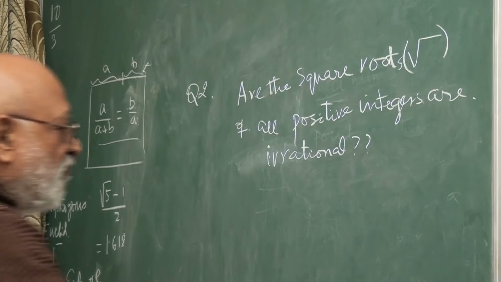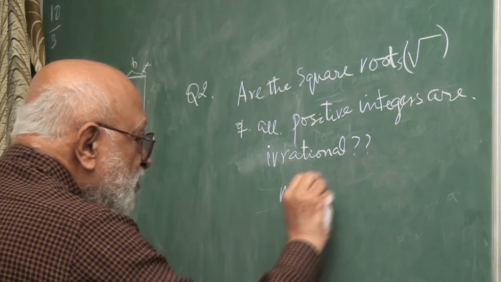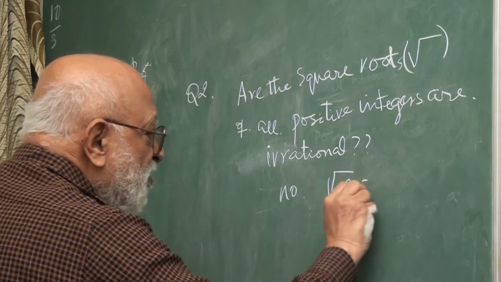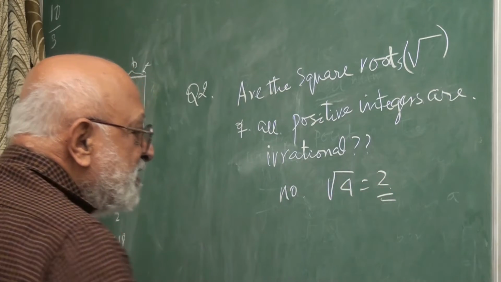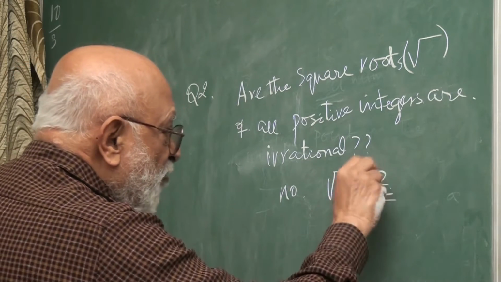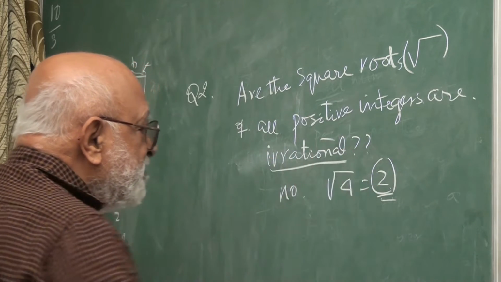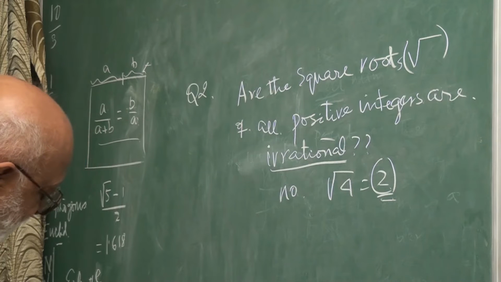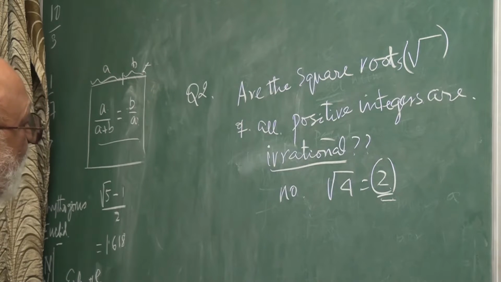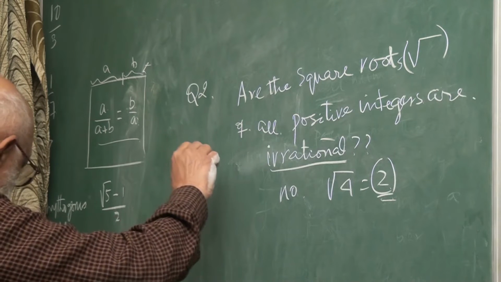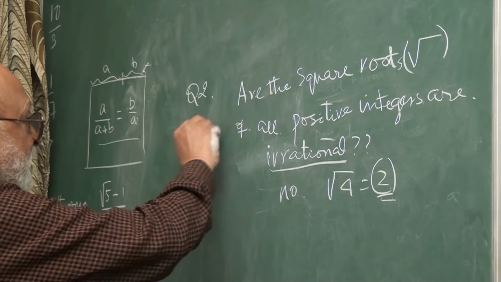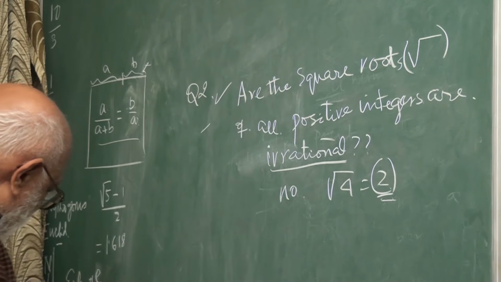No. Why? Root of 4 is equal to 2, and this is actually a whole number. So it cannot be irrational. Okay, so question number 1 and question number 2 are taken care of.